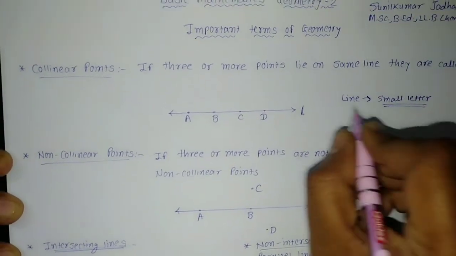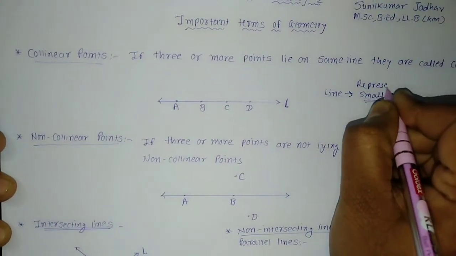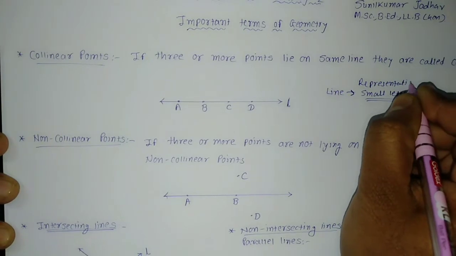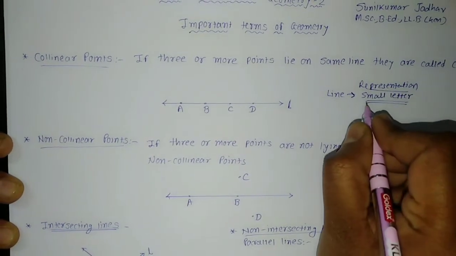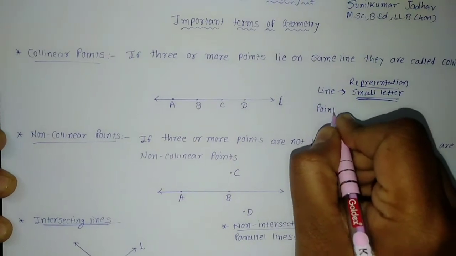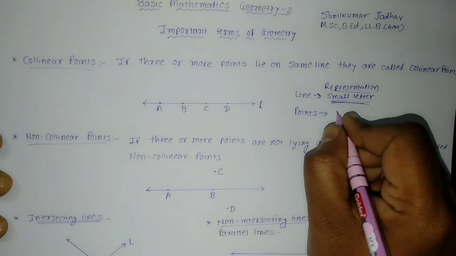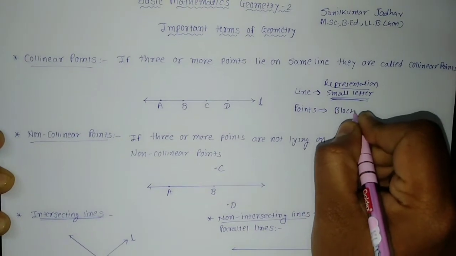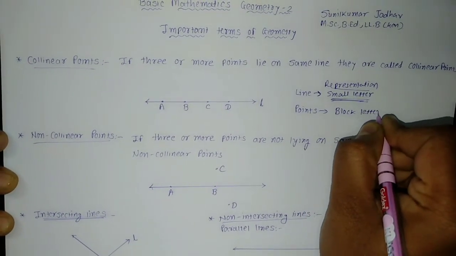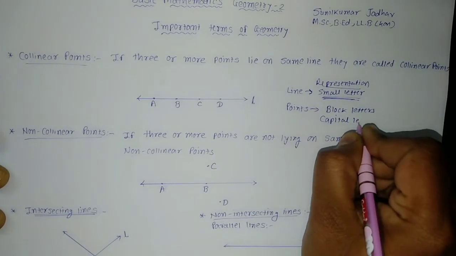Remember that always. A line is represented by small letters, and points are represented by block letters. That is what we say, capital letters.